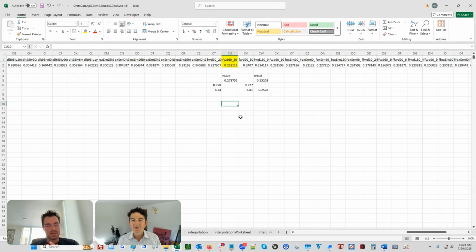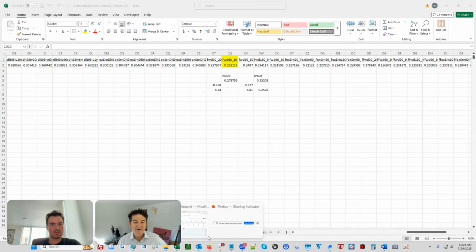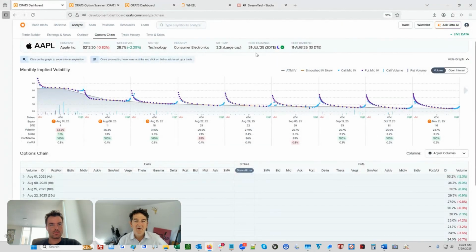Yeah. So what does this metric mean? Like, what is it used for? Well, it's good to check out. If you're going to do a calendar spread, this might be a really good volatility for Apple to buy. Now, what I know in Apple is that the earnings are in between there.